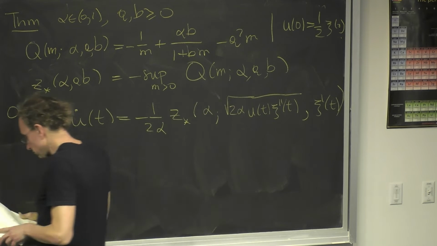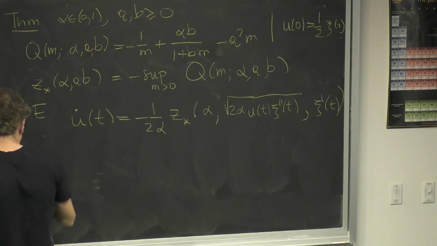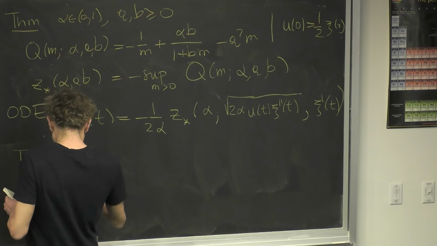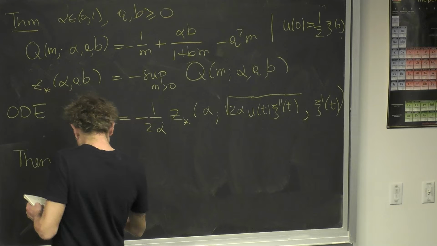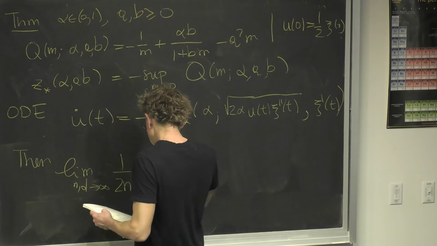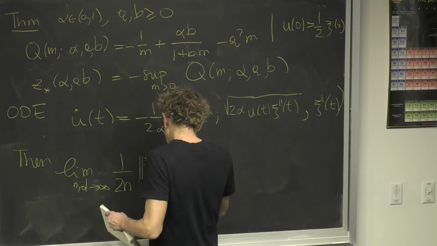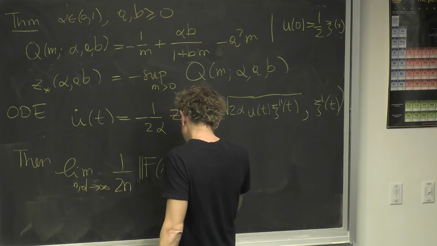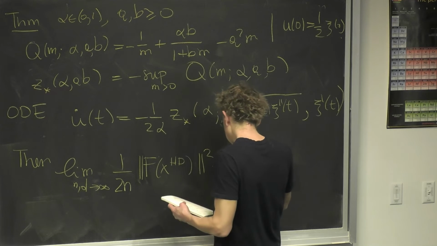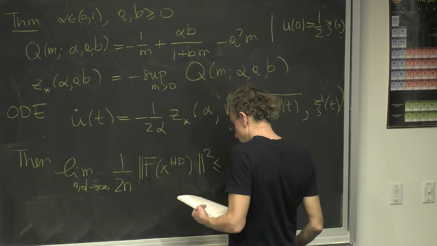And then the claim is that if I look at the energy, which I remind you is the squared norm of the output of Hessian descent, this is, we really prove, less or equal.